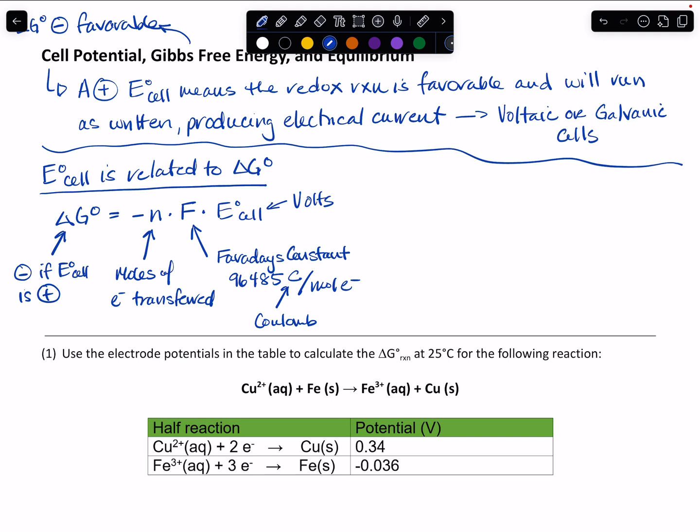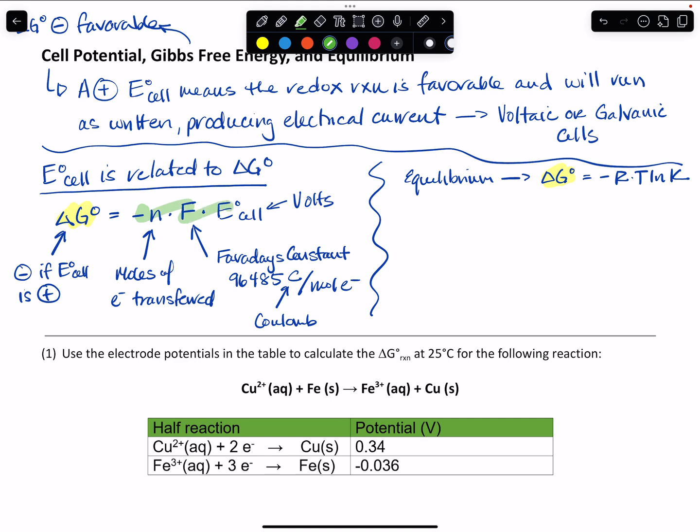So this is what it looks like in terms of that relationship between delta G and the cell potential. Well, we know that at equilibrium, delta G is equal to negative R times T times the natural log of our equilibrium constant. That means we can take this formula and set it equal to this formula.